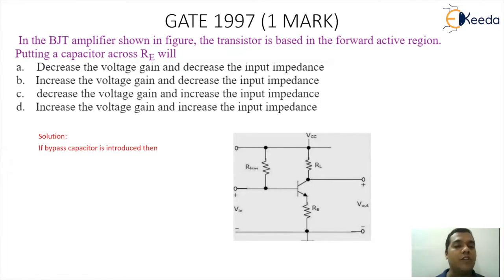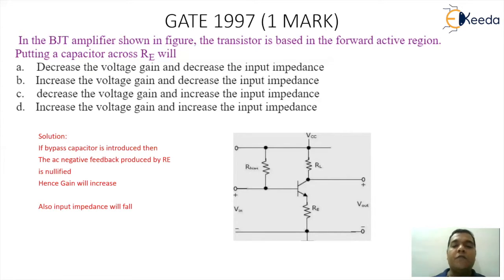So here the solution is very simple. If the bypass capacitor is introduced, the AC negative feedback produced by RE will be nullified, and due to which the gain will increase. Now, if you see the impact on input impedance, the circuitry shown there has an input impedance of R pi plus 1 plus beta times RE, where R pi is as good as HIE or beta RE depending on the model that we use for the transistor equivalent.